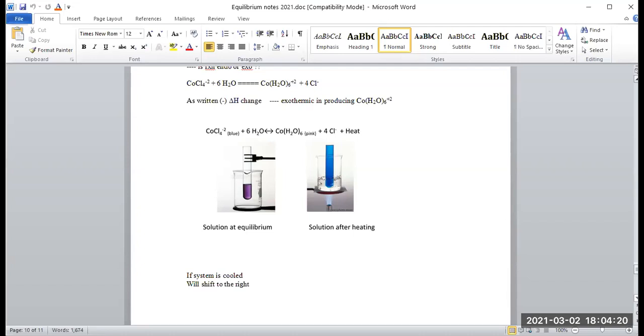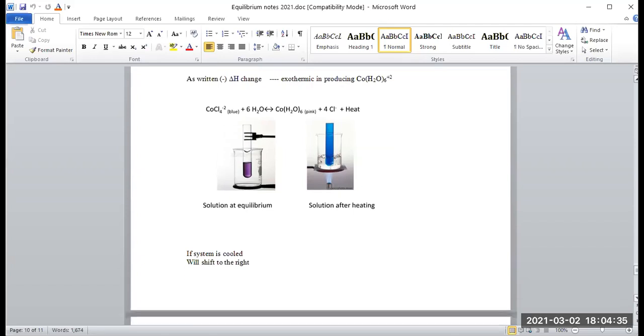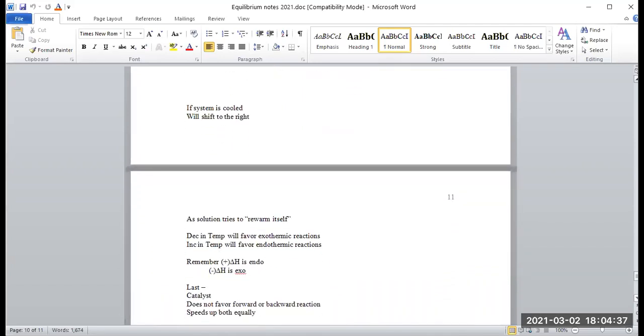If I turned off the Bunsen burner and let it cool back down, it would shift to the right again and return to that sort of pinkish purple color. Basically, what it's doing is it's sort of trying to rewarm itself.